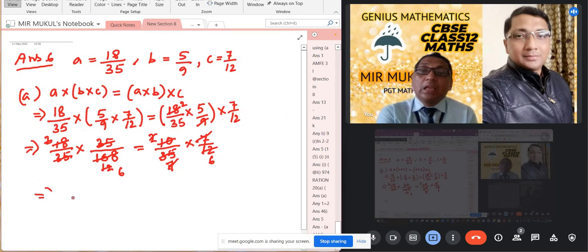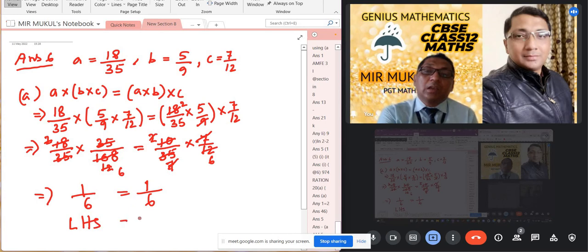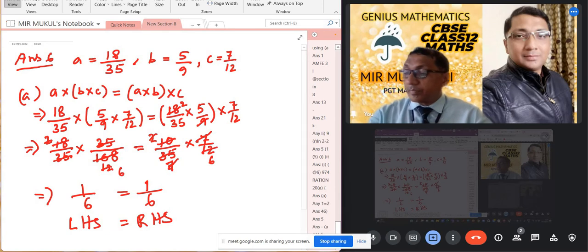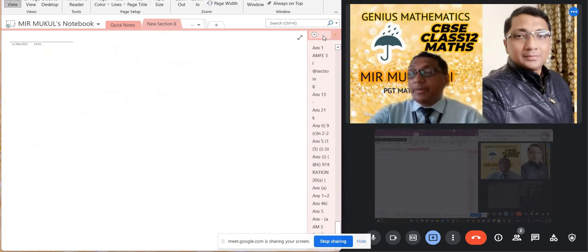Therefore, in left hand side we are getting 1 by 6, and right hand side also 1 by 6. So LHS equals RHS. This is verification. That means we check whether left hand side and right hand side are equal or not. That is called verification. Okay.